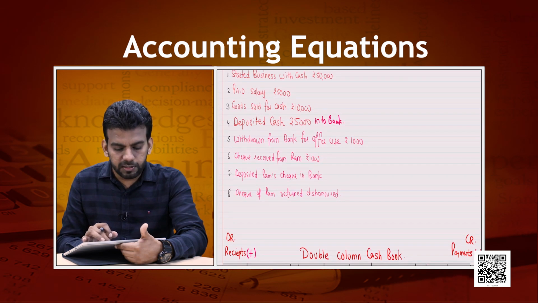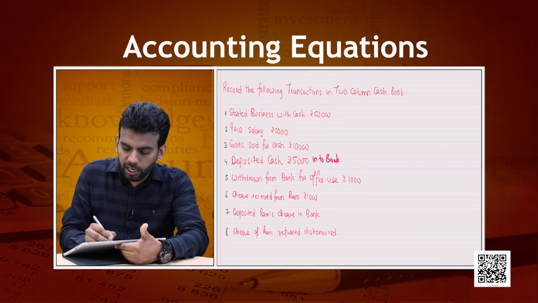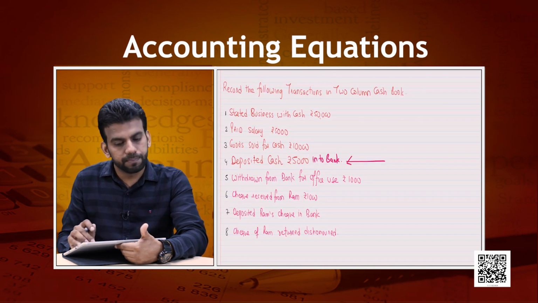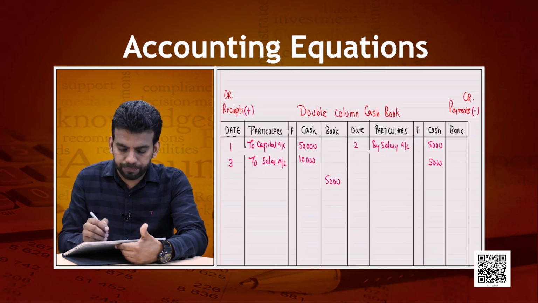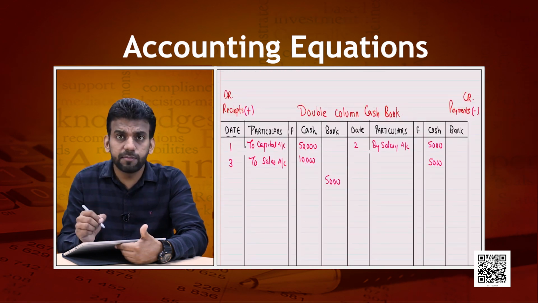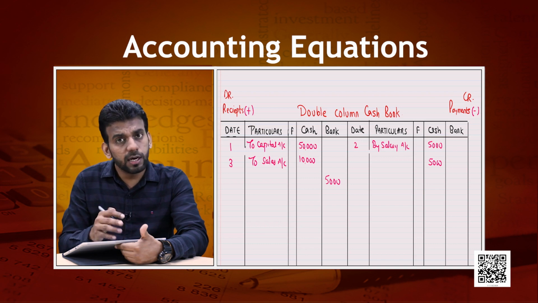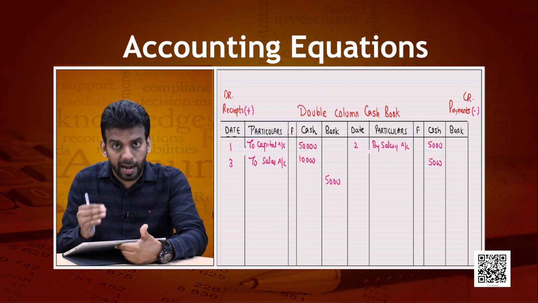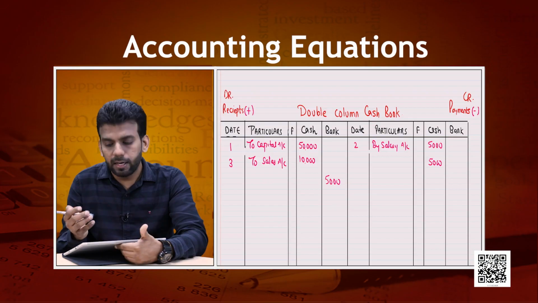I show you the transaction again. You deposited rupees 5,000 into bank. I'm talking about the fourth entry. Now, bank received money, so I put it into the receipt column of bank. And when cash paid it, I recorded it into the payment column of cash. That is it. Now, we have to fill the columns of particulars. How do we fill that?